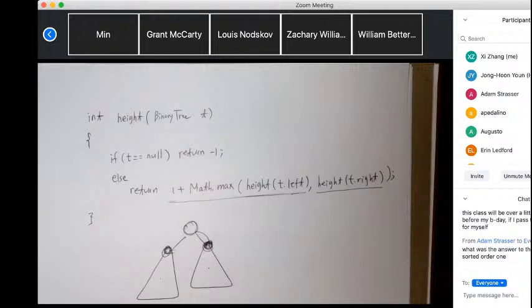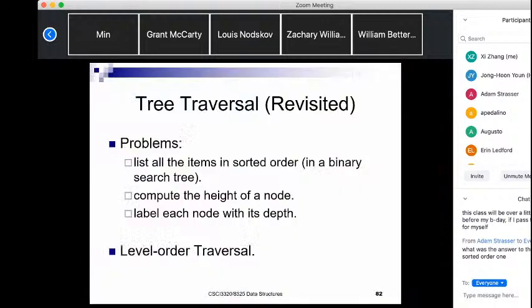And how can we compute the depth information? Which traversal algorithm do we have to use, and why? By definition, the depth is the distance from root to the current node.